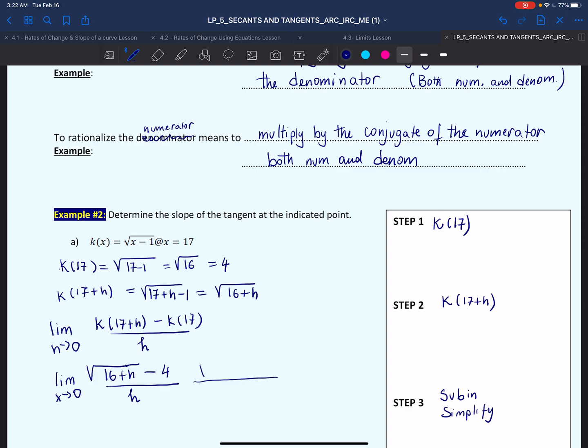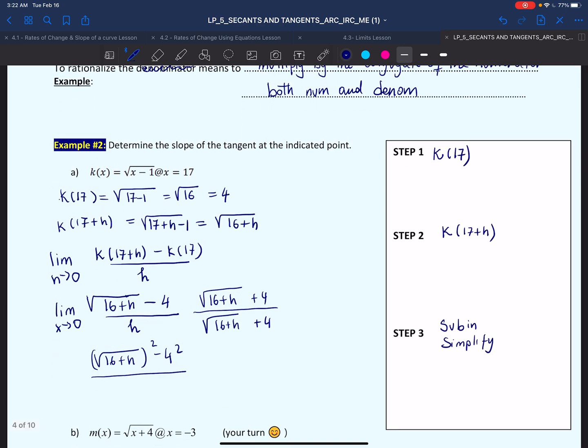So the conjugate of the numerator is root of 16 plus h plus 4. So this will change to root of 16 plus h squared minus 4 squared, and that will be over h times root of 16 plus h plus 4.